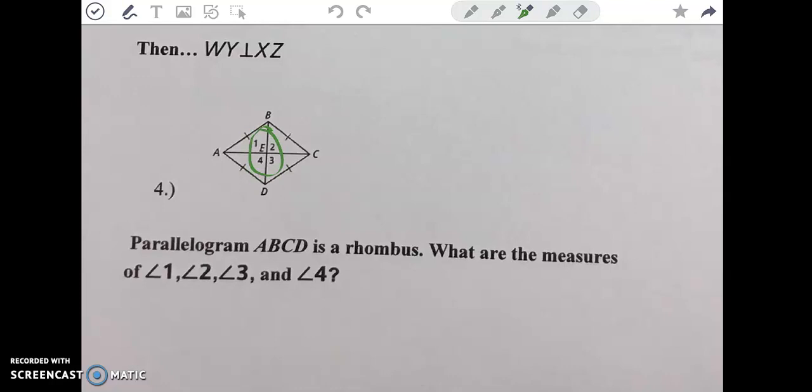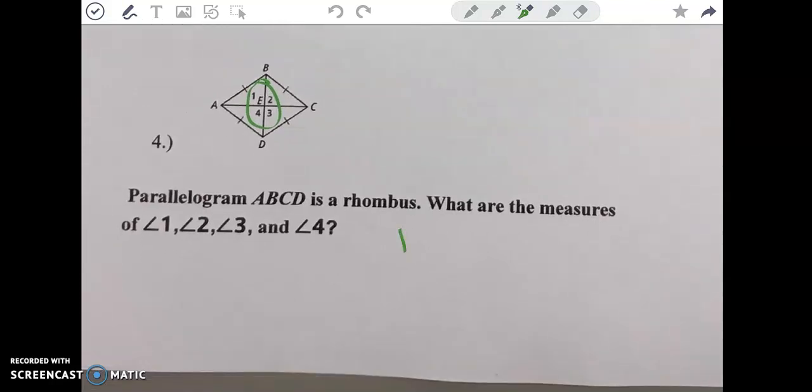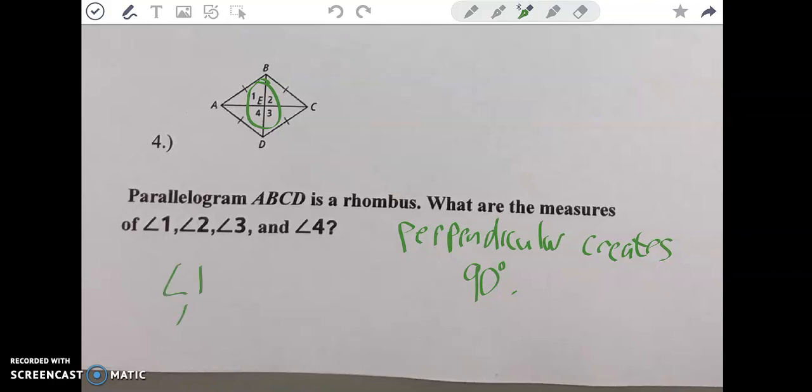Because they're perpendicular bisectors, perpendicular creates 90-degree angles. So, if one of them is 90, they are all 90. And so, angle 1, angle 2, angle 3, and angle 4 all are 90-degree angles because they are perpendicular.